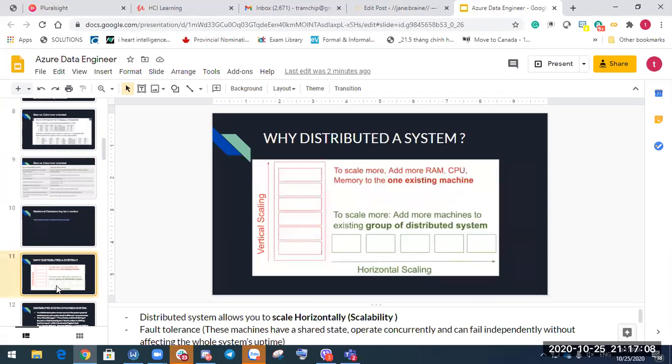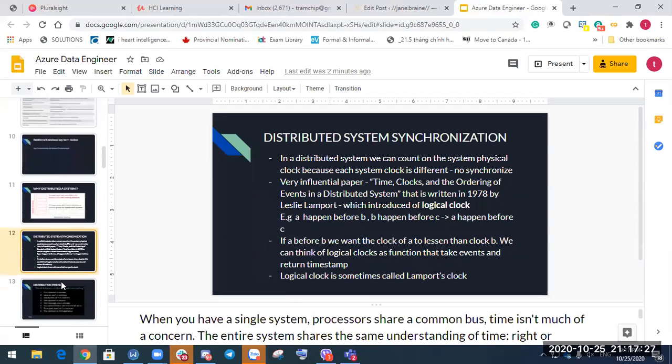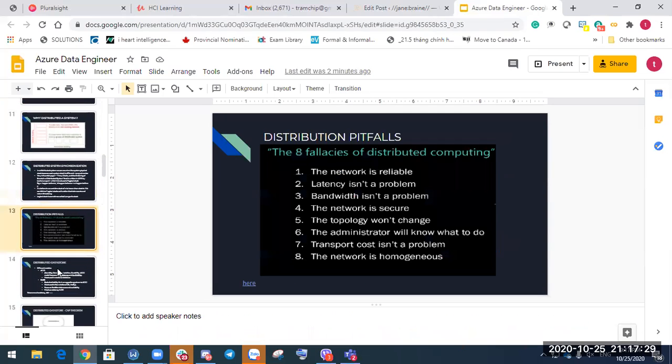The same thing with distributed systems. It will be almost a similar architecture regardless of the cloud that you use. So study this one by heart, and this is the reason why I separate this section from the Azure training content. We'll go through distributed systems, synchronization, and the pitfalls.